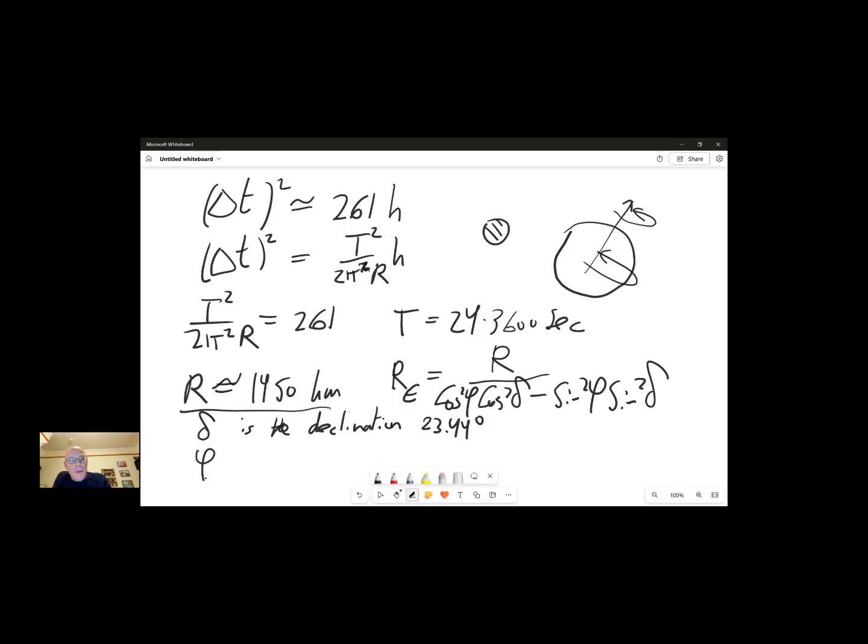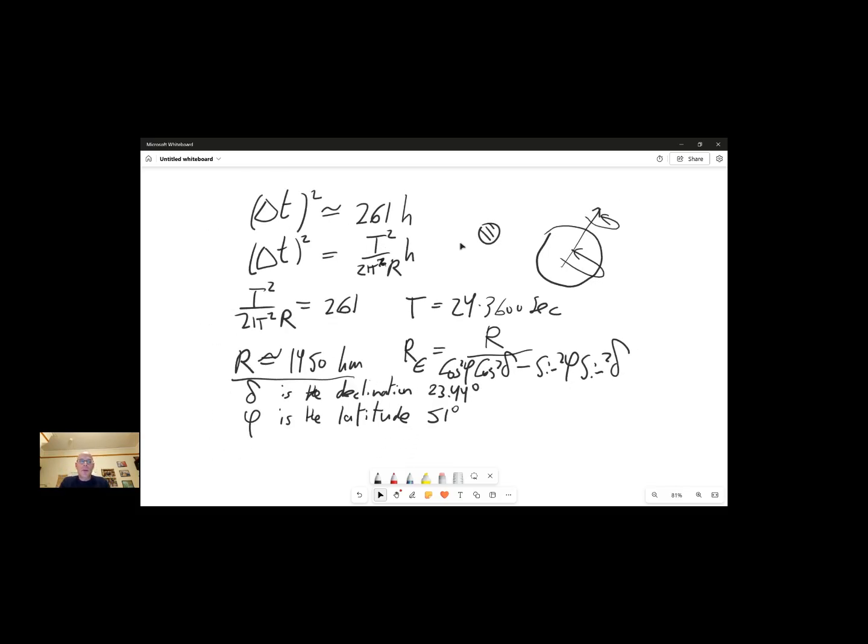Now, I carried out the experiment in South Wales, so this is the latitude, and in South Wales, where I carried out the experiment, it's 51 degrees. So let's collect all the numbers.